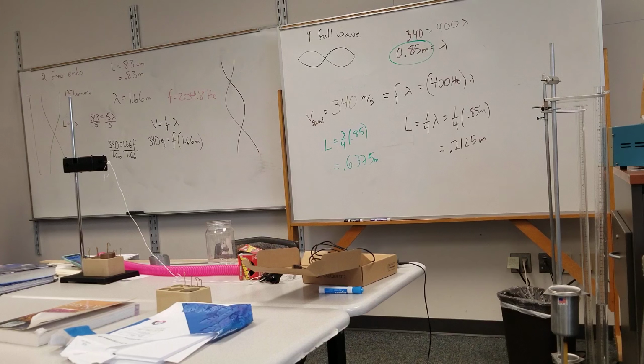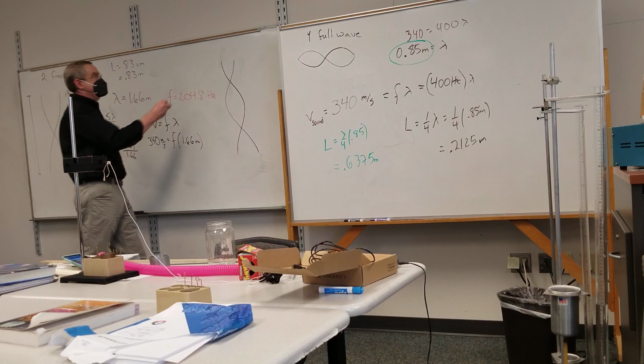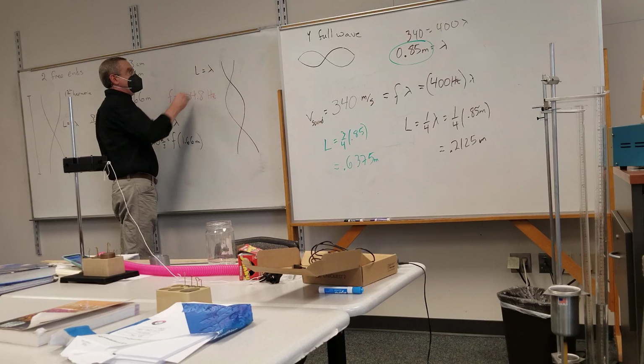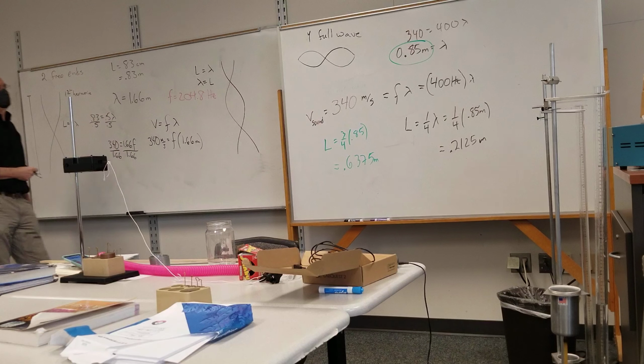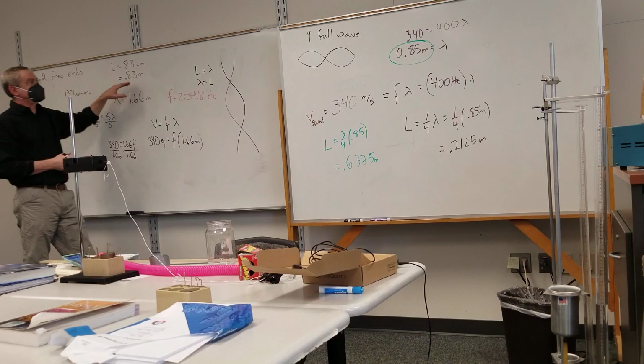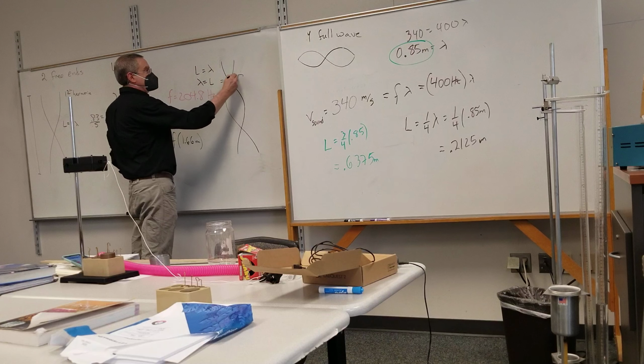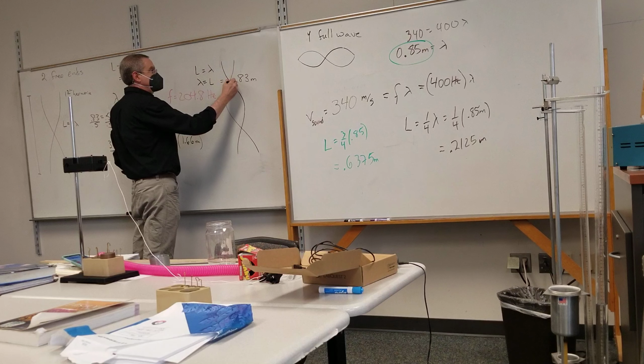How many waves is that? Yes. We had a half wave before, we add a half wave every time. So this time L is equal to the wavelength, or solving for the wavelength, is equal to L. L, we already measured that. So this is 0.83 meters.